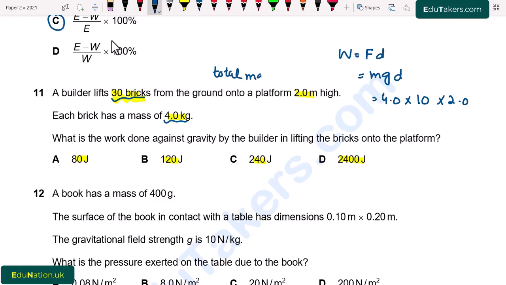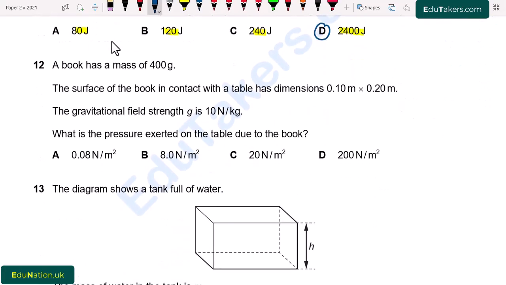So the total mass will be the product of total bricks multiplied by the mass of each brick, which is 4.0. So here I also multiply with 30, so that the value of work will be equal to 2400 joule. Here option D is correct.